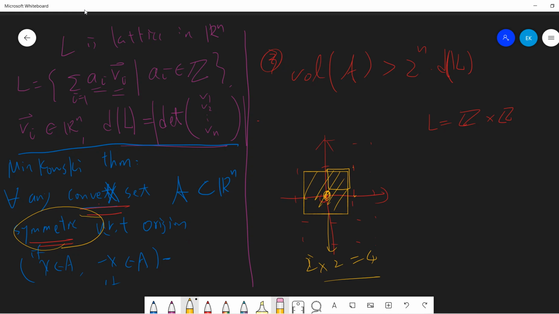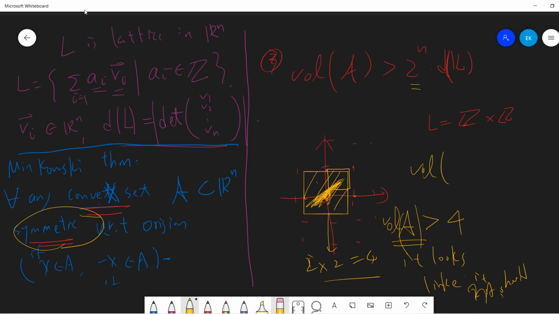Intuitively, if I have any set which is convex and symmetric about the origin, and the area of the space I take is larger than 4, then it looks like A should contain some points. So this is the intuition. The theorem says that if the volume of A is larger than 4, then it must contain a point.